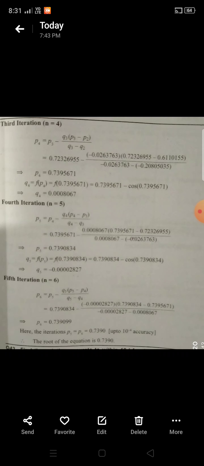We get P6 is equal to 0.7390834 minus 0.00002827 into 0.7390834 minus 0.7395671 by minus 0.00002827 minus 0.00008067.